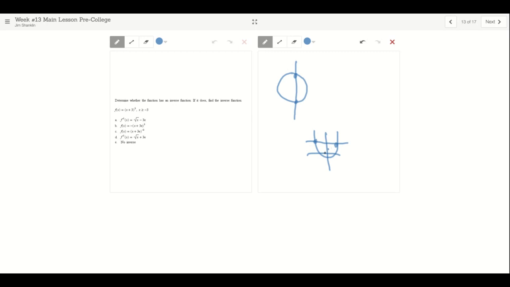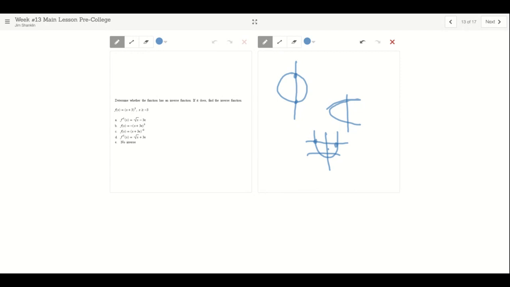Why? Because if you found the inverse function, it's going to look something like this. So the inverse isn't a function, and that's basically what they're asking. It says determine whether the function has an inverse function. If I just did the horizontal line test, right away I know that it does not have an inverse function.